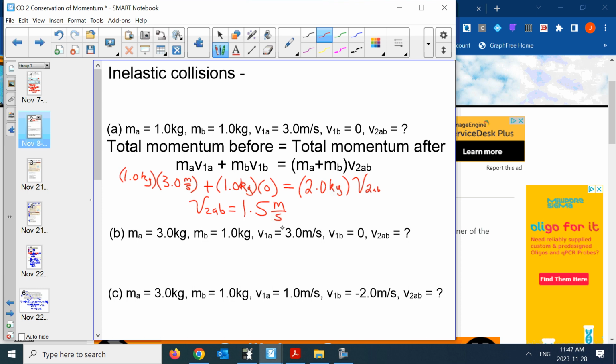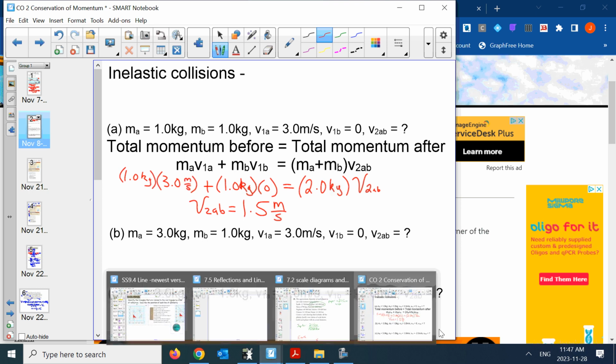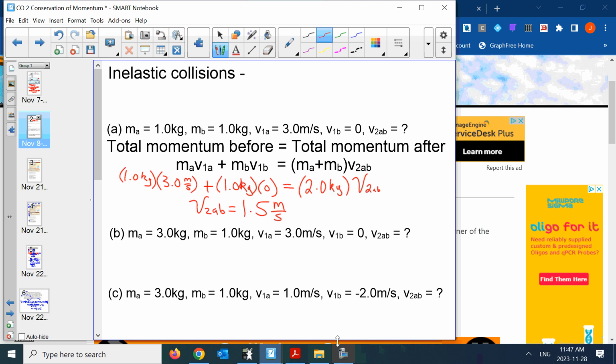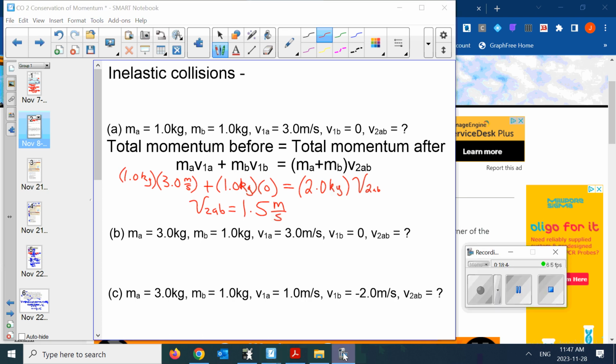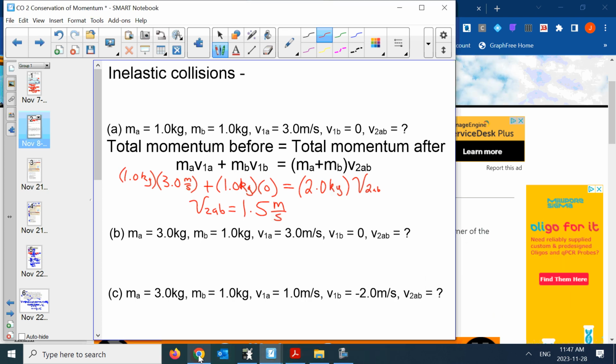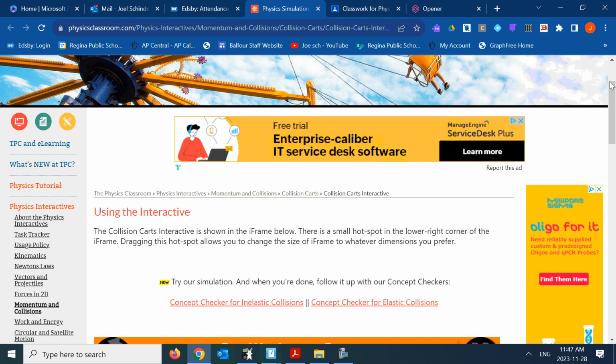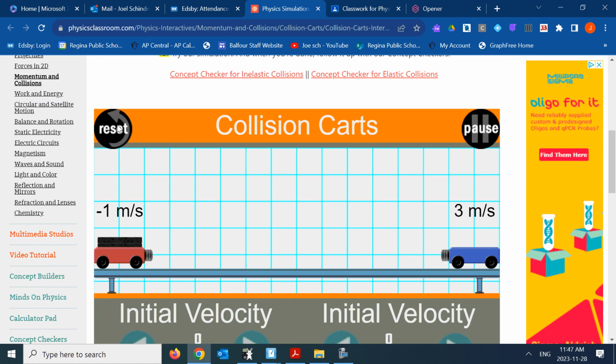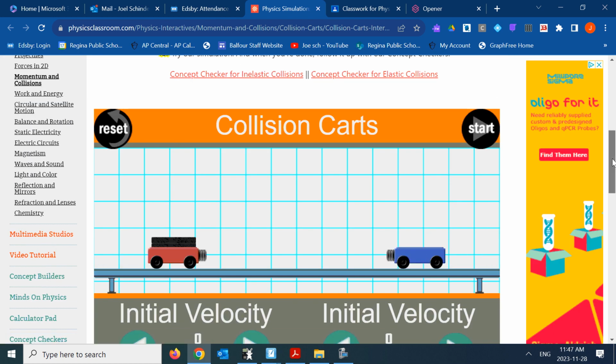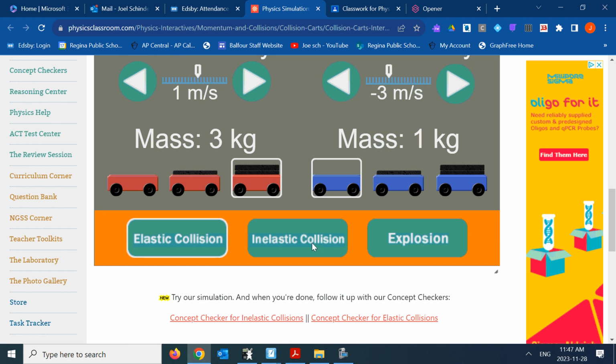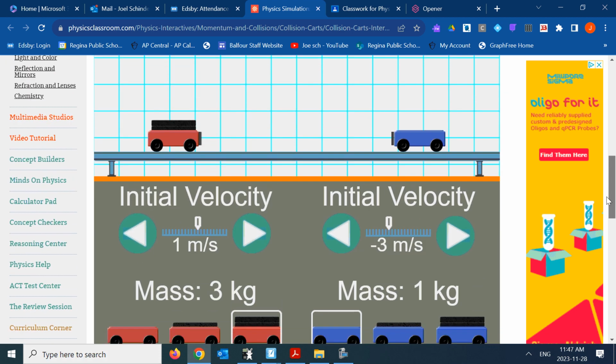That obviously isn't an example with the same mass, but let's just take a look here. While you jot that down, let's go to the collision center. Reset. I'm going with inelastic collision. With an inelastic collision, what did I have mass-wise?